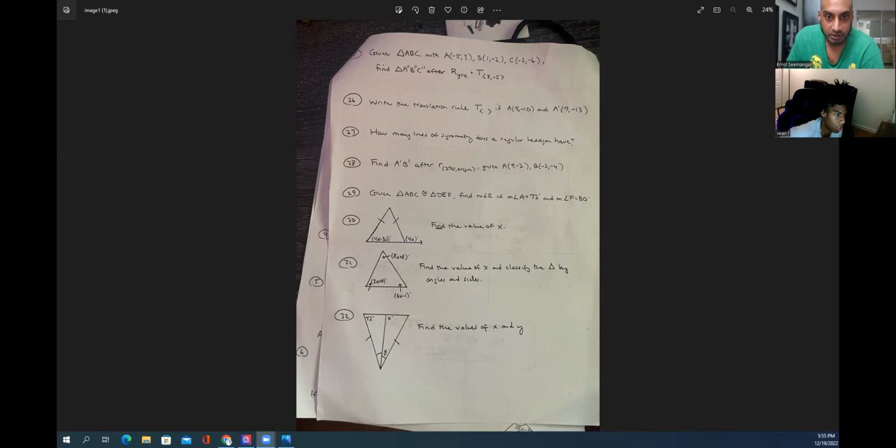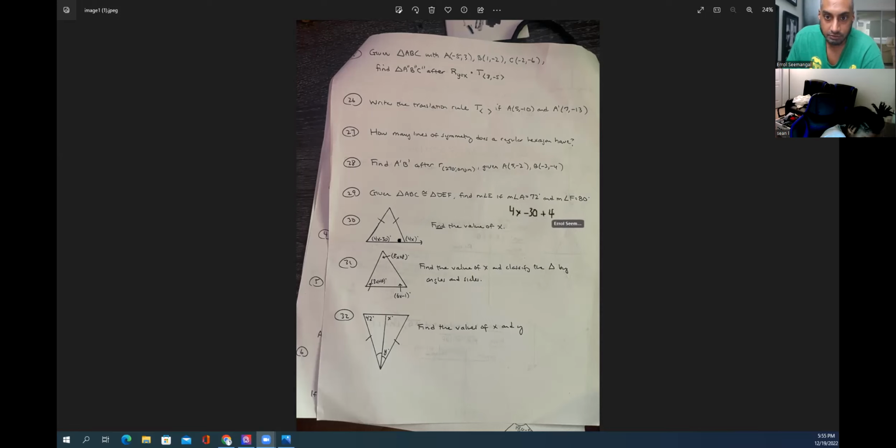What's this angle right here, in terms of x? It'd be 4x minus 30. So 4x minus 30 plus the 4x has to equal what? 180.